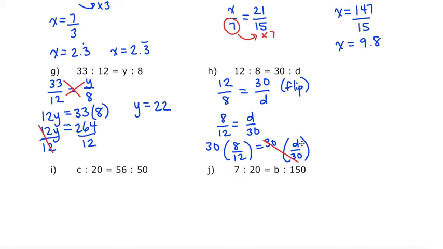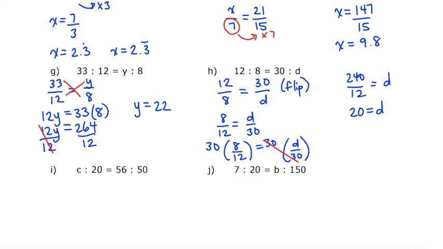30 divided by 30 is 1, so I'm left with D on the right-hand side. 30 times 8 is 240. So I have 240 divided by 12 is equal to D, and 240 divided by 12 gives me 20.